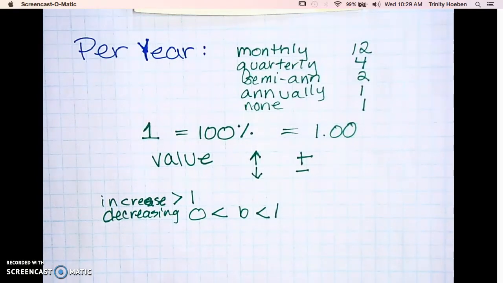All right? So let's look at the type of problem you're going to see.